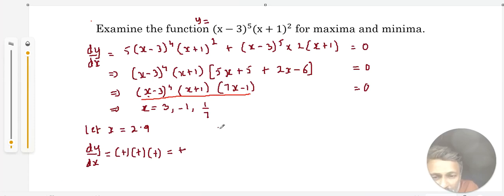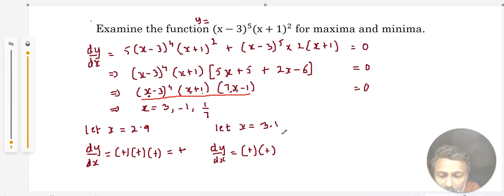Now let us consider x as 3.1, a little more than 3. We get dy upon dx is equal to, again you put x here as 3.1, minus 3 raised to 4 is positive only. 3.1 plus 1 is positive only, and 7 into 3.1 minus 1 is also positive, which is equal to positive, 3 times multiplying.